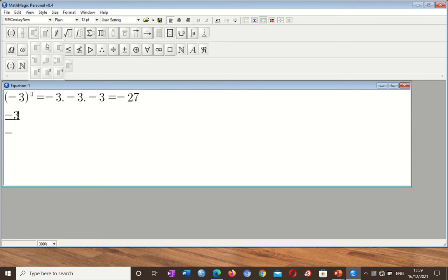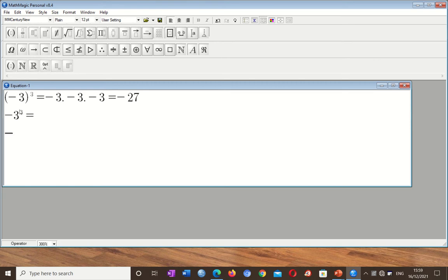If I have it like this, or if I have it in brackets, I may have different results. Sometimes it is the same result if it is an even number, sometimes it is a different result. So we have to be careful whether we have a minus here or in the brackets.